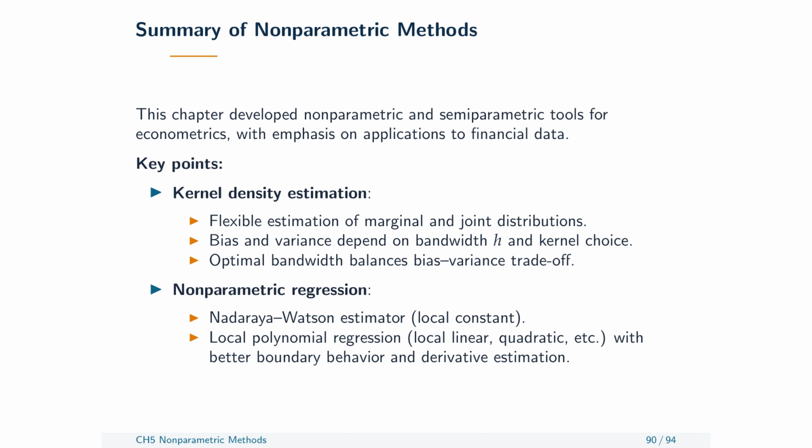Across this chapter, one principle has linked density estimation, regression, and financial applications. Local averaging learns shape from nearby observations. Kernels define proximity. Bandwidths regulate detail, and dimension determines how much information is locally available.